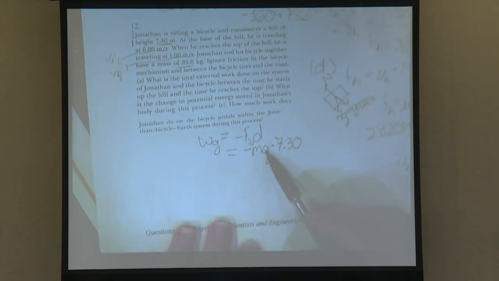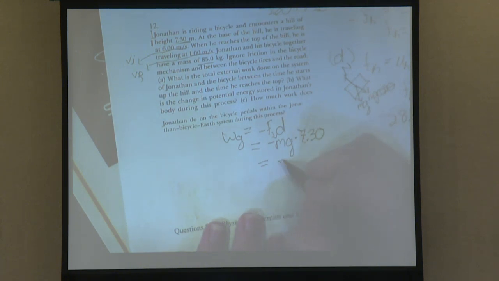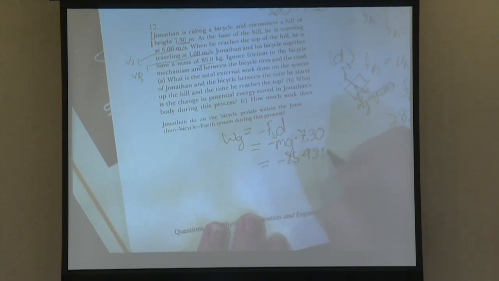Because potential energy takes into account how far it's moving. So this is the y direction, our gravity is in the y direction, and our height's in the y direction. When you solve for that, you should have negative, our mass is 85, times 9.81, times 7.3. And that's negative 6,080 joules.